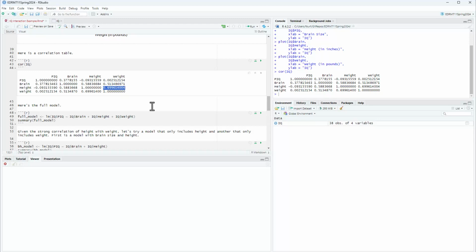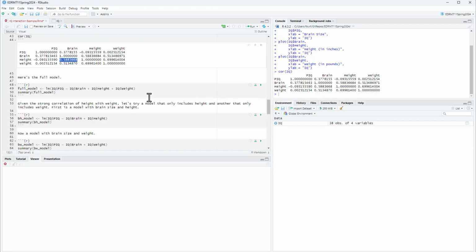And so much of this will be explaining the same thing in terms of variation in IQ for these 2 variables of height and weight. I also see that height and brain size has a fairly strong correlation, at least a moderate correlation of 0.59.